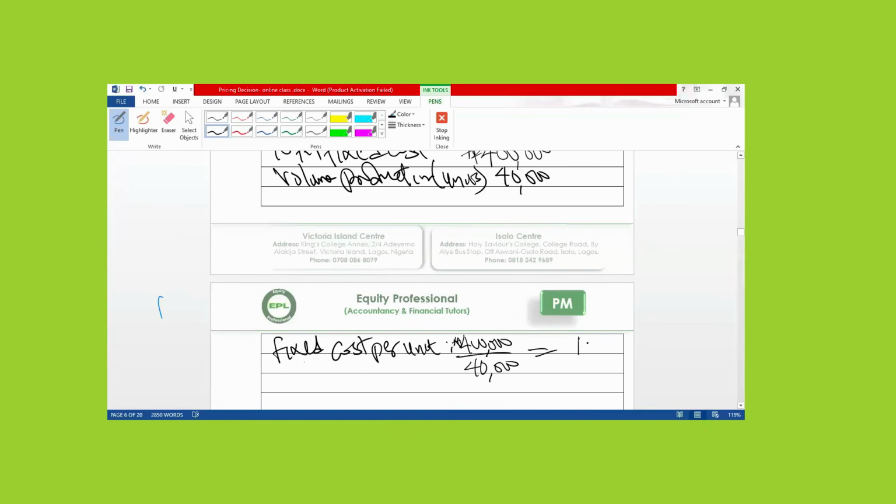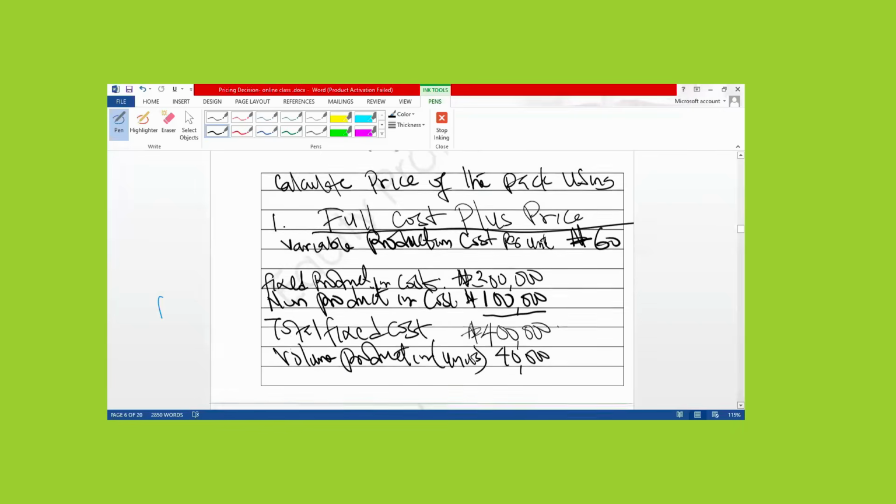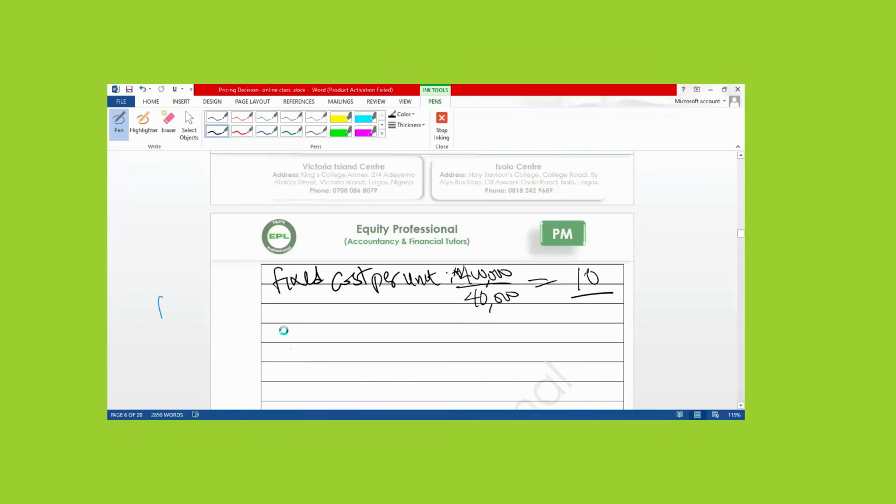This is equal to 10 naira. Therefore, my full cost: variable cost per unit, 60 naira, plus fixed cost per unit, 10 naira. Your full cost is 70 naira. Full cost is also called your total cost per unit. You have gotten the full cost.